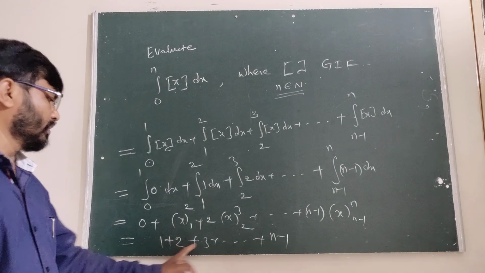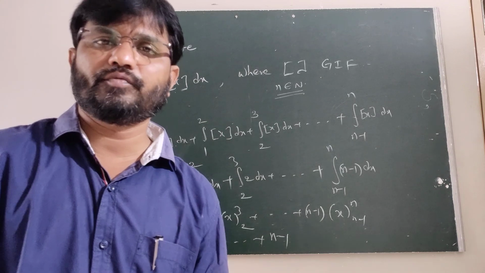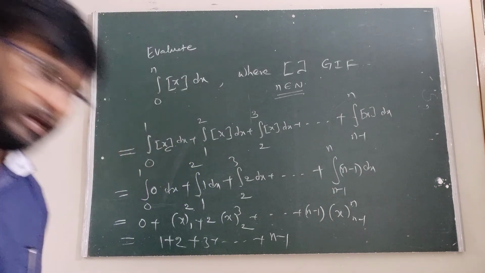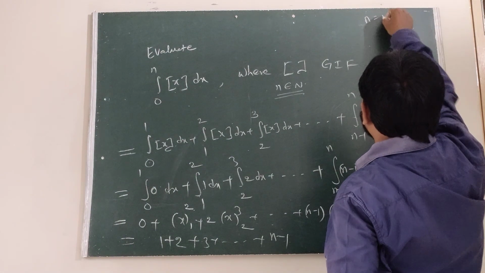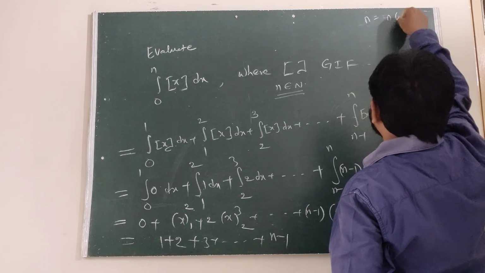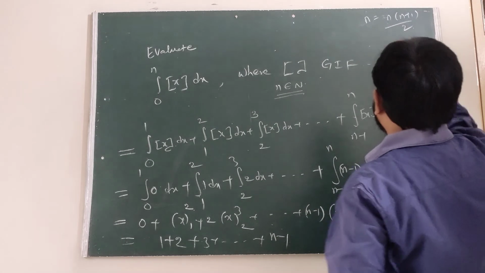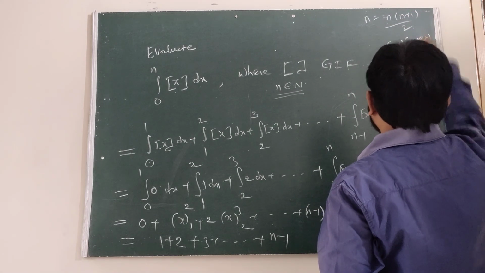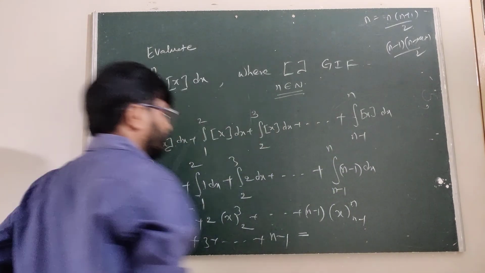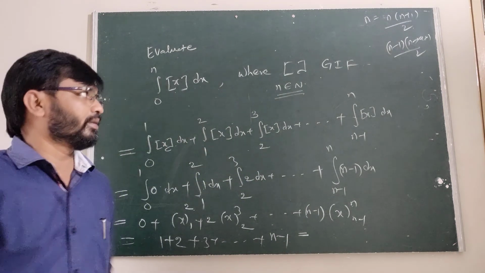So 1 plus 2 plus 3 and so on up to n minus 1. We have to know that the sum of the first n natural numbers is n into n plus 1 by 2. Therefore, the sigma n is n into n plus 1 by 2, where here n is n minus 1.